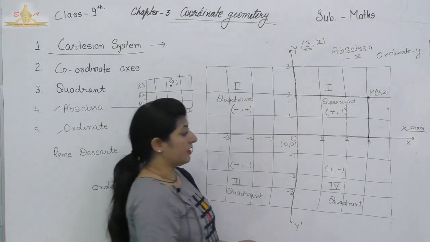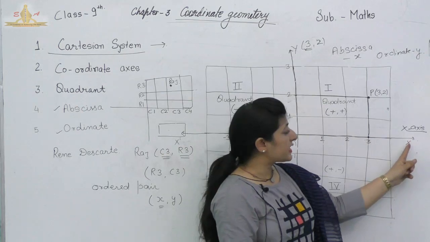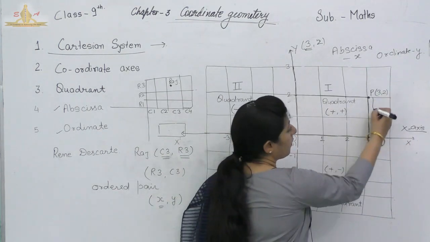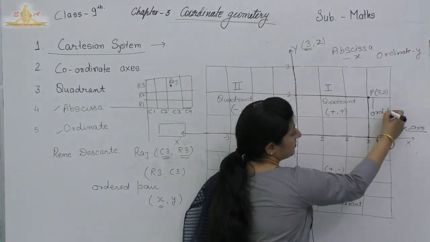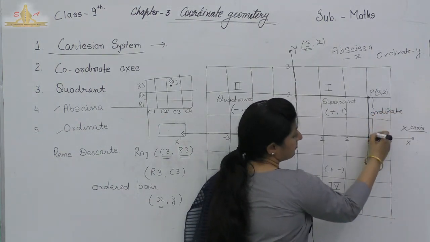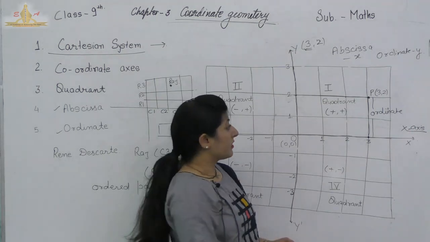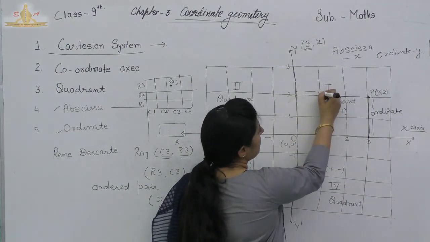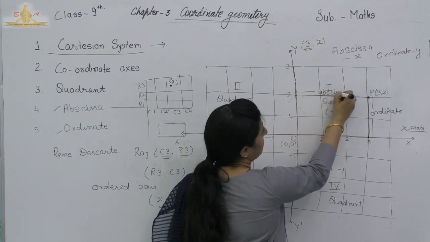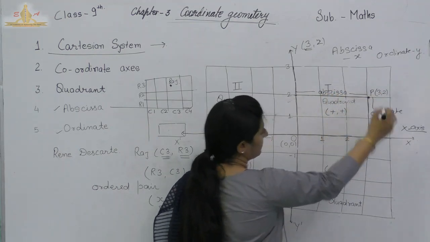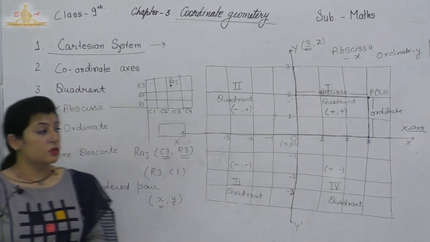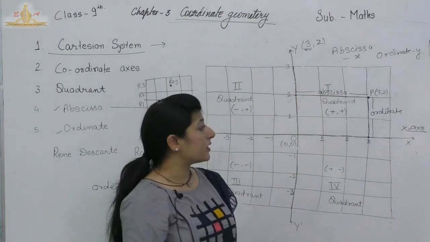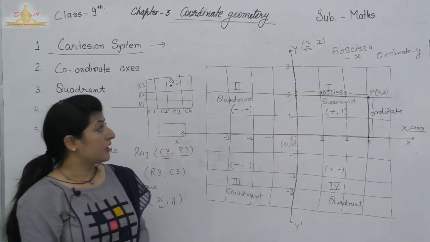It means the perpendicular distance from the x-axis is called the ordinate. The perpendicular distance from the y-axis is called the abscissa. So this way we can plot any point on the graph.